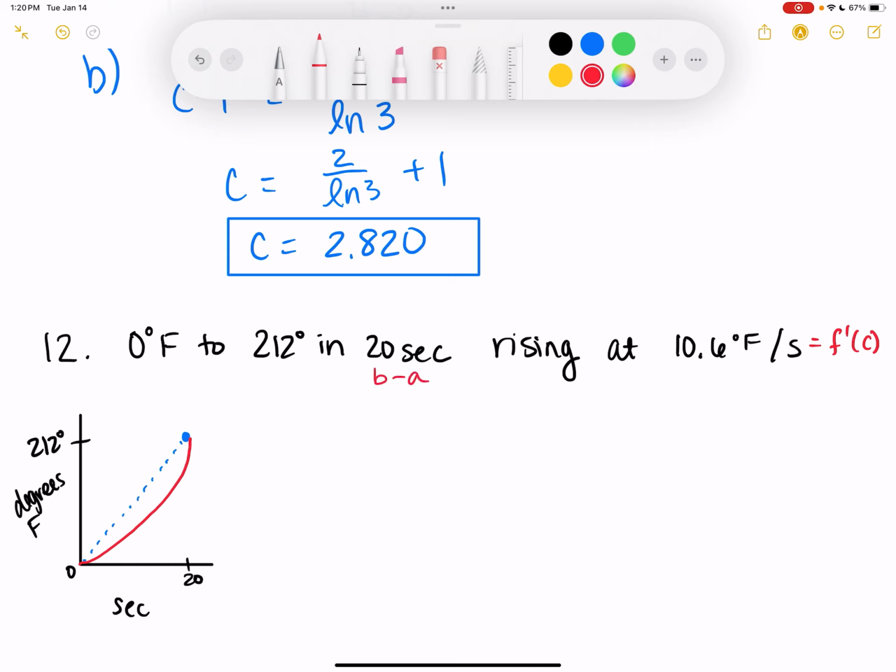And the 0 and the 212 are the f of a and the f of b. So I plug all this stuff into the mean value theorem and have 212 minus 0 over 20 minus 0 equals 10.6. I guess I could have written it with the f prime of c on the left side, but it doesn't matter.